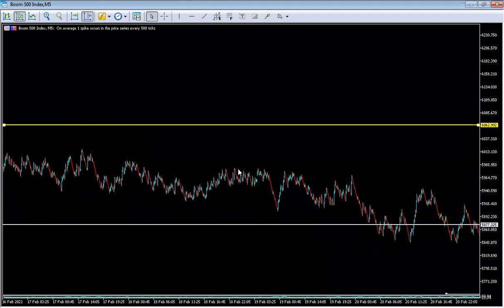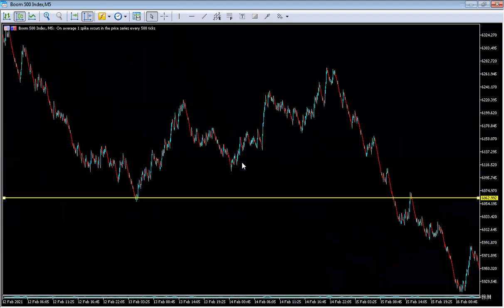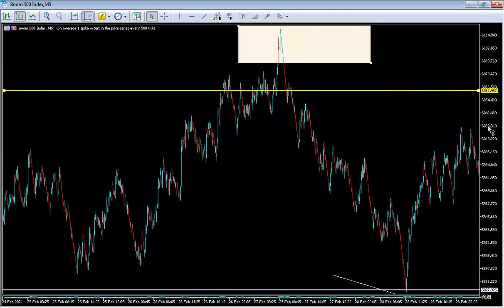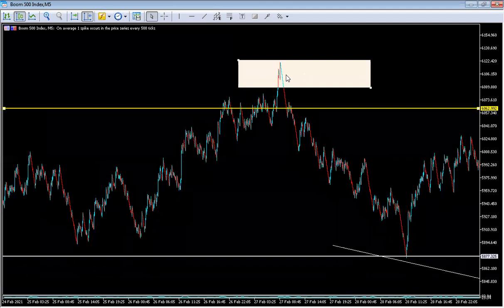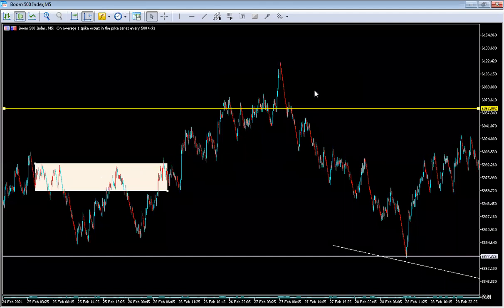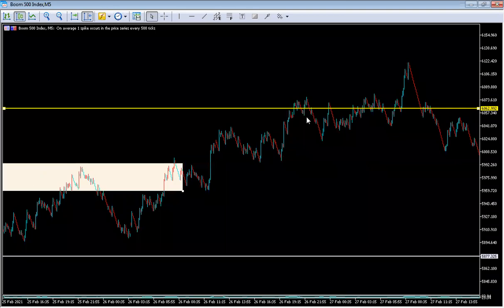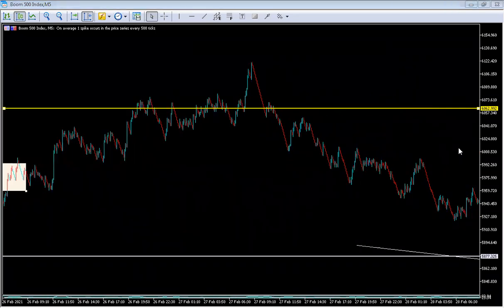So now this is that area that I marked out from the higher time frame. So let me zoom out a bit more. Now imagine that you took a sell from here. This is exactly that zone.